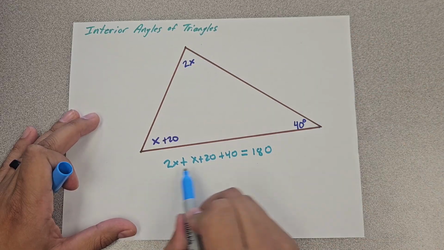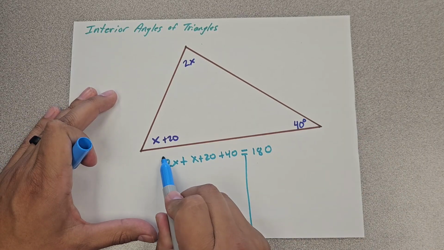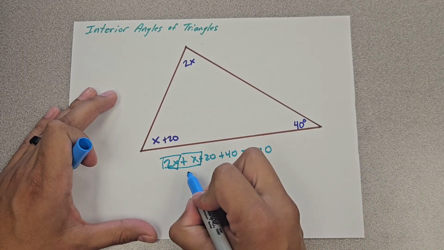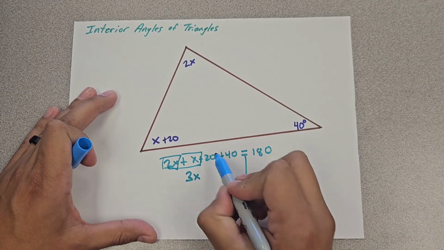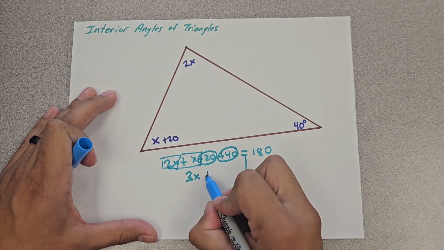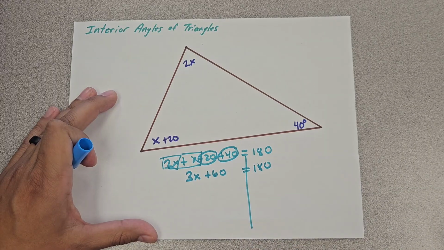Now I can solve this like I've done in the past. I'm going to combine my x's, so 2x plus x gets me 3x. I can combine my 20 and my 40 to get a positive 60, and that equals 180.